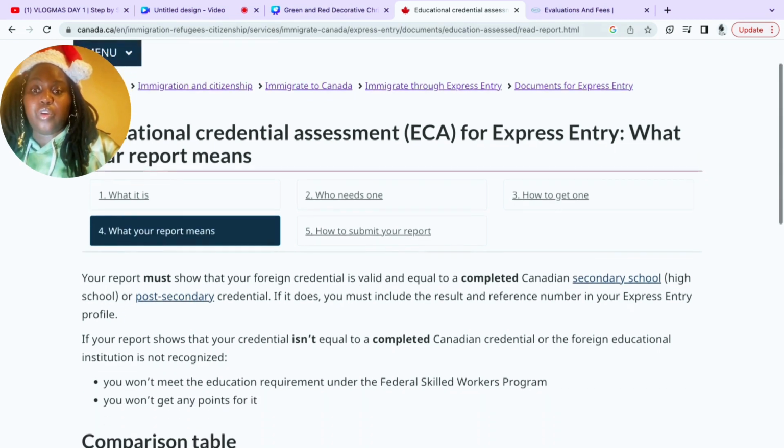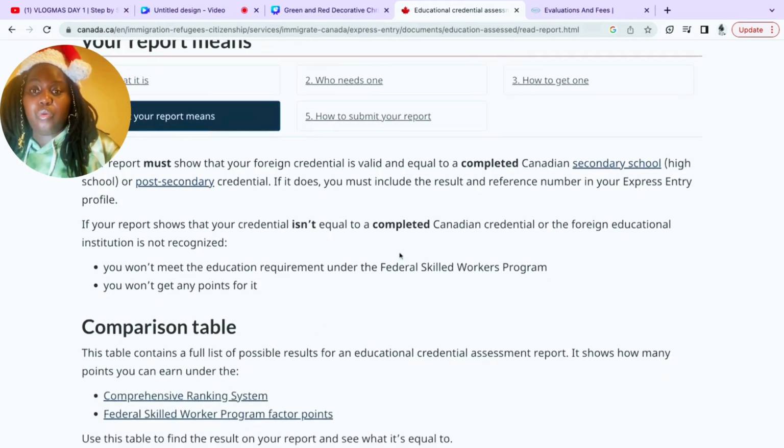And well, your report should be valid. I think they give a 5-year validity. So if you did one in 2019, it's not going to cut it. I can't believe how long ago 2019 was. Anyway, it should be within 5 years.